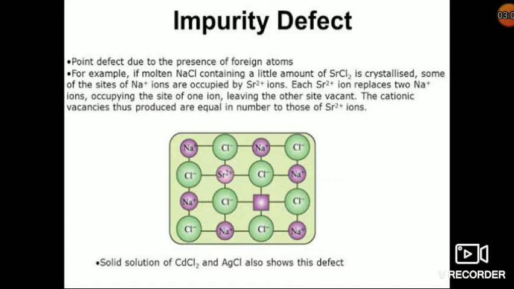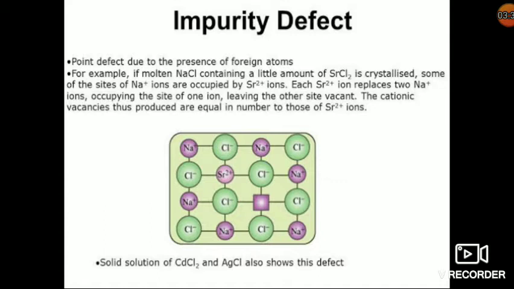If you melt the sodium chloride, and in the molten state add some strontium chloride, SrCl2, then it may happen that the cation strontium 2 plus will occupy the space of sodium plus.